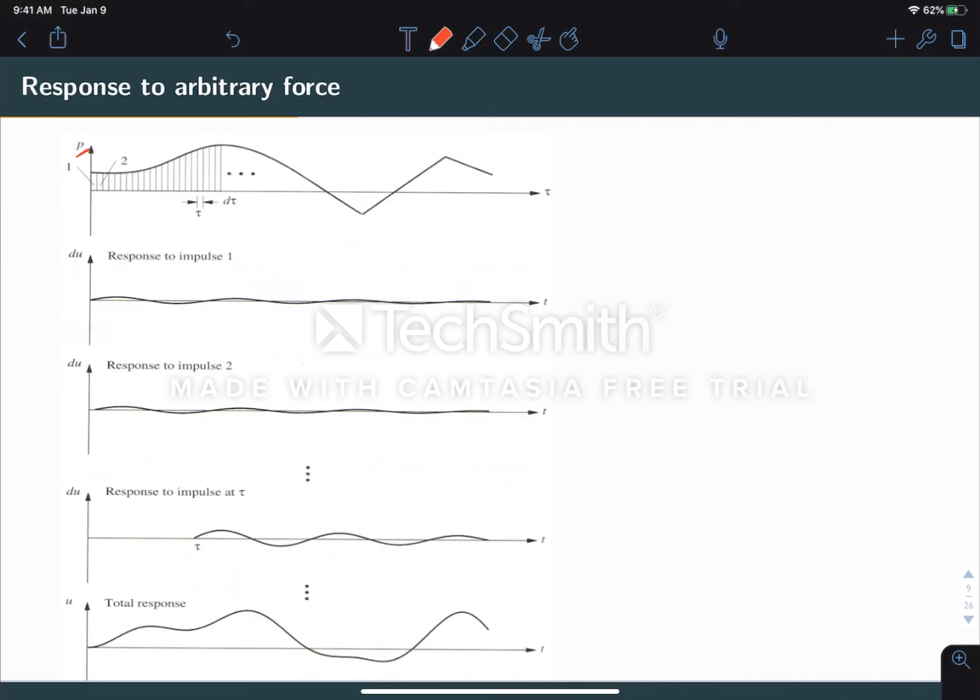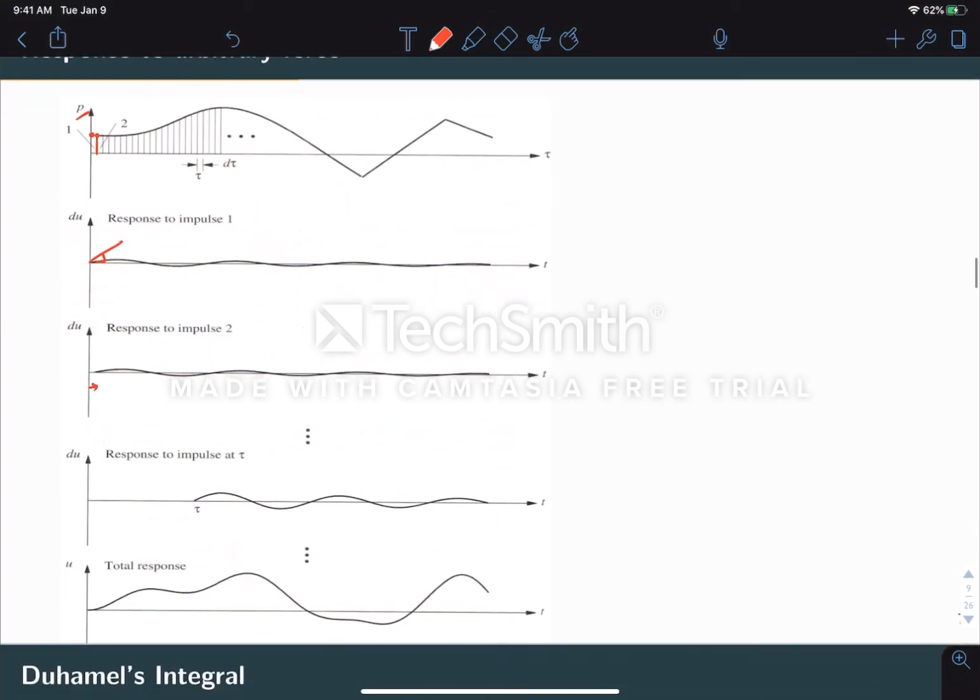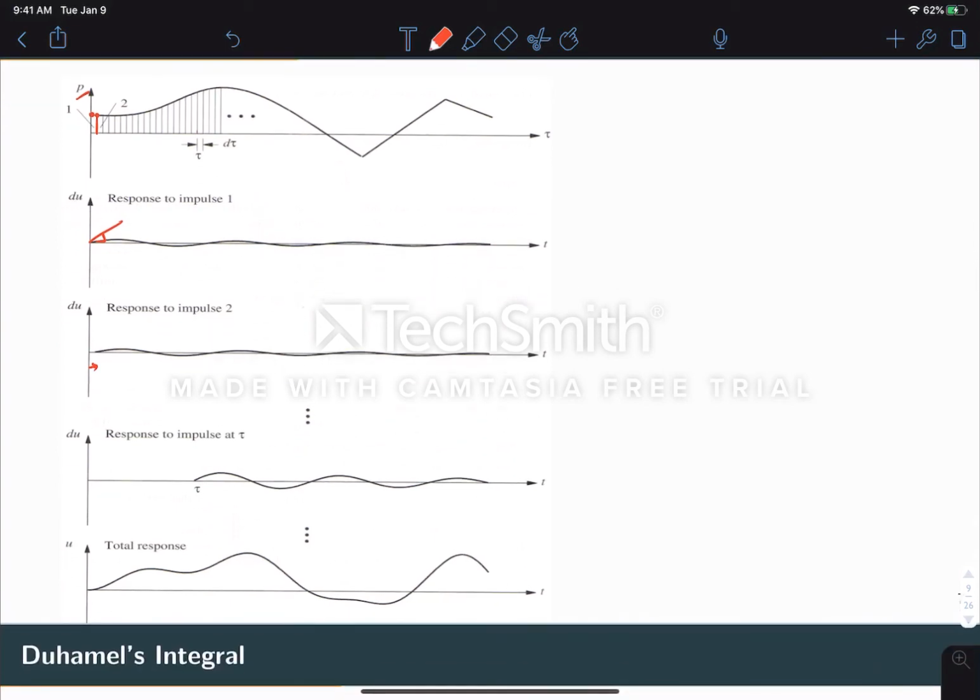So we take the value of p here and scale essentially the slope of that free vibration here. Then we shift over by just a little bit to get the force at this point. We do the same. At an arbitrary time tau, we're going to shift over by tau, as you can see. Here, again, scale it.